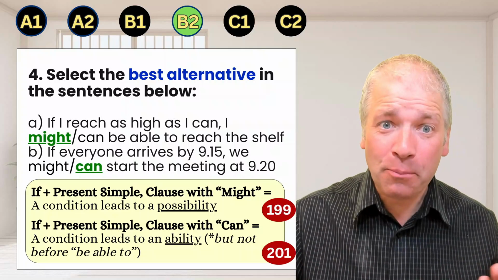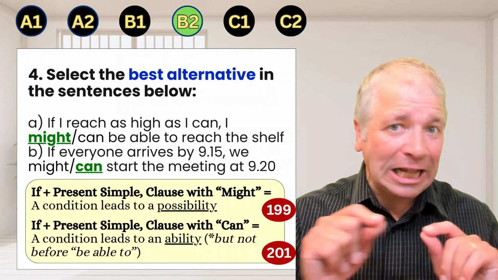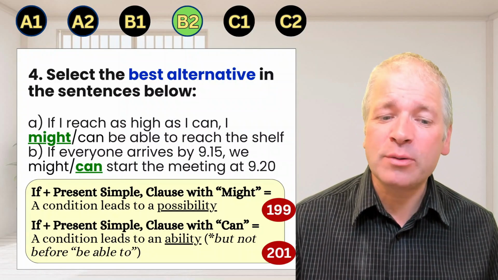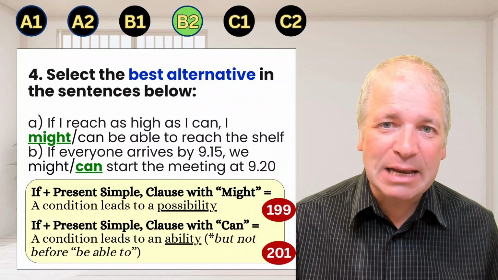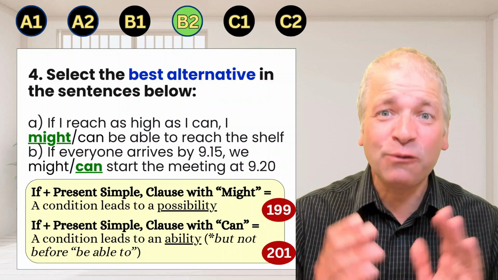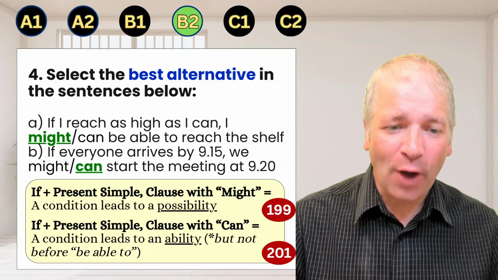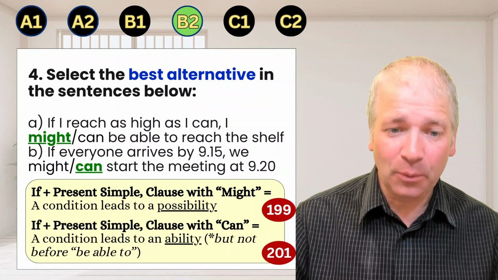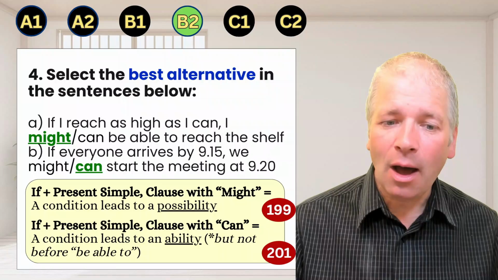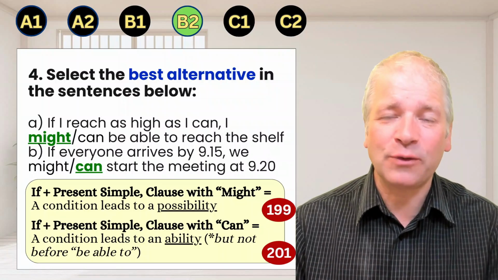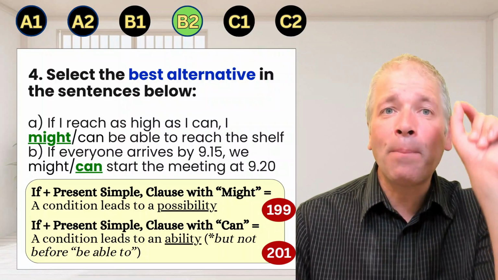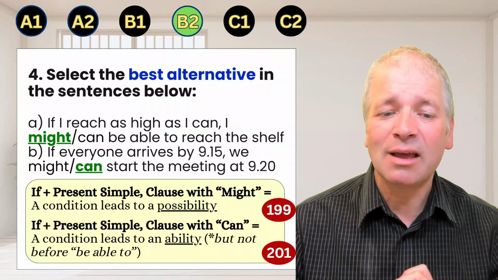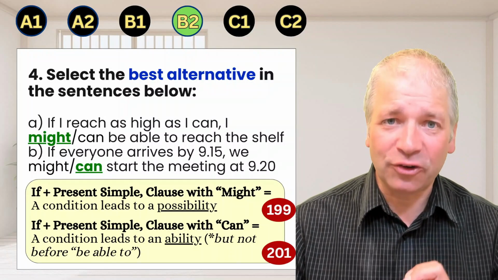So if with the present simple, followed by a clause with might, introduces a condition that leads to a possibility. And this fits A well. If I reach, if with present simple, as high as I can, I might be able to reach the shelf. If I reach as high as I can, the possibility will exist that I can reach the shelf.